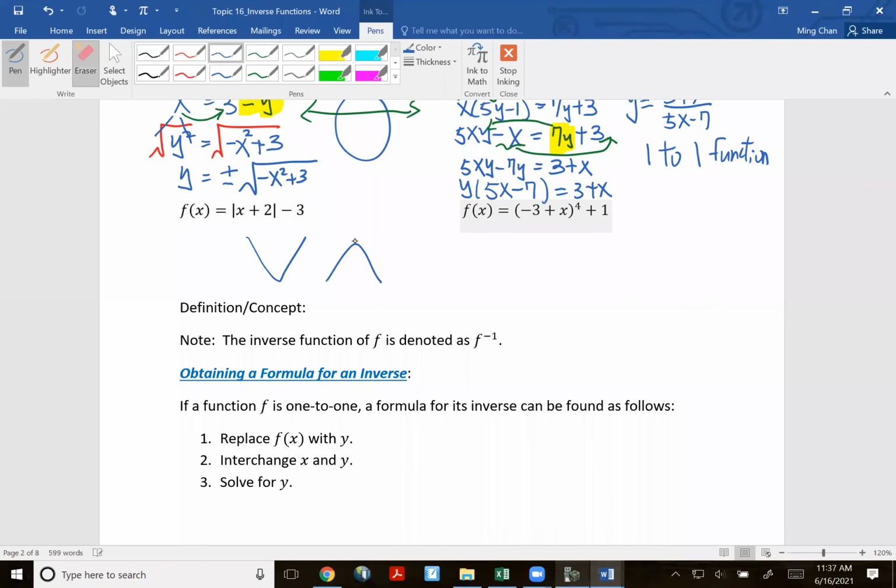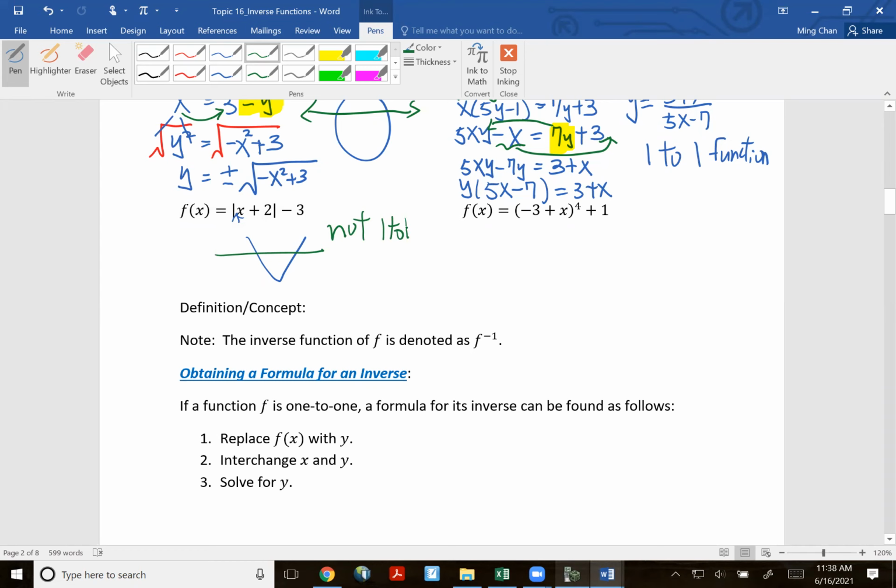This one does not have a reflection because right in front of this x, inside the absolute value, there's no negative sign there. So I know this V opens up. So just like a parabola, draw a horizontal line across it, not a one-to-one. It touches more than one time.